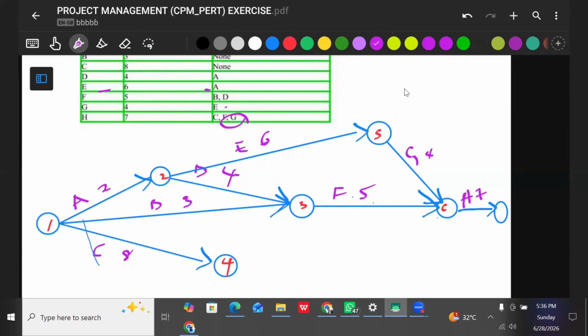I think the node should touch both C and this F and G. I mean for this activity H, the node, since you said it has to touch the 3 points where those predecessors meet.